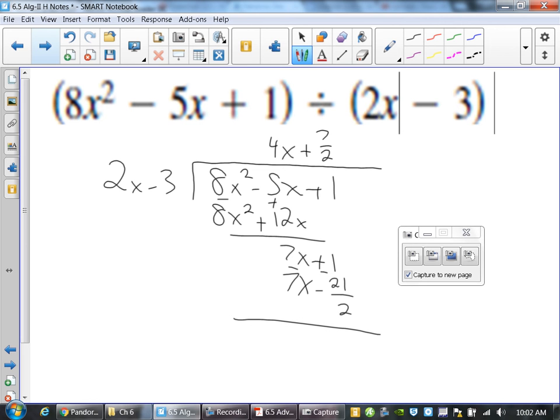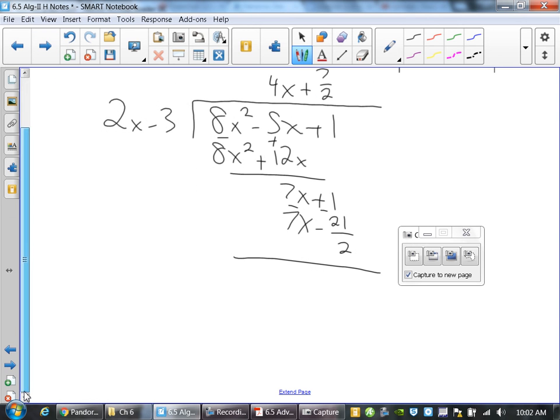Subtract it out, which means now I'm adding the 21 over 2. 21 over 2 plus 1 would be 23 over 2, because 1 is the same thing as 2 over 2. Oh, I didn't understand it. Yep. And that gives you the remainder.